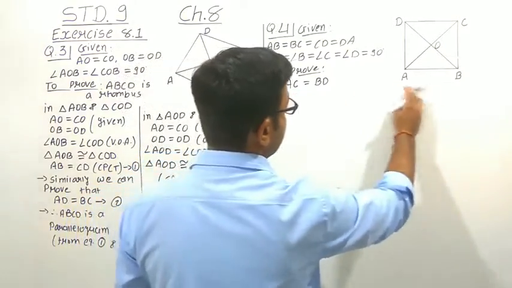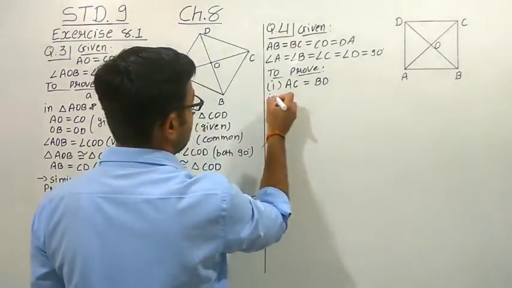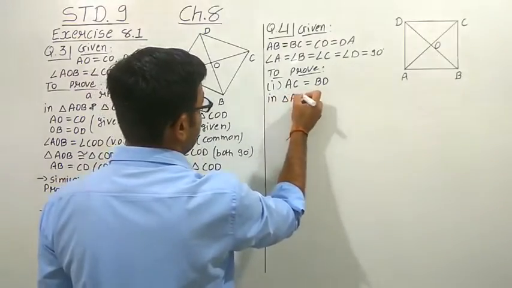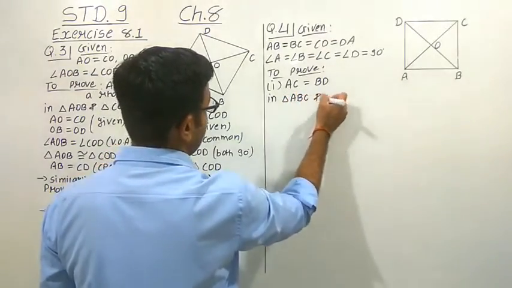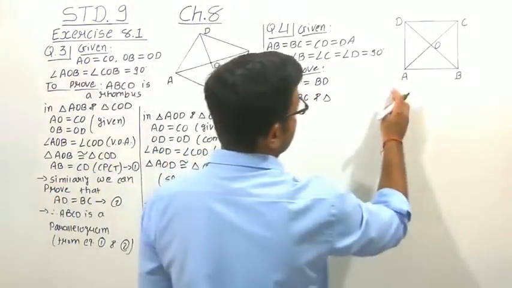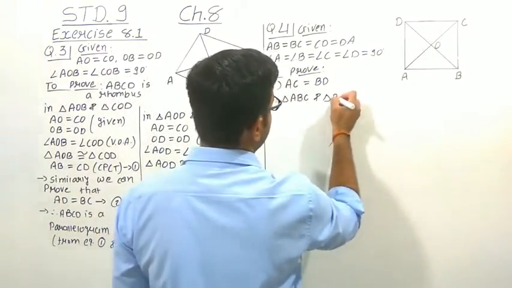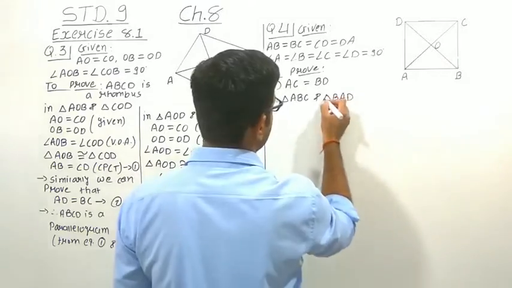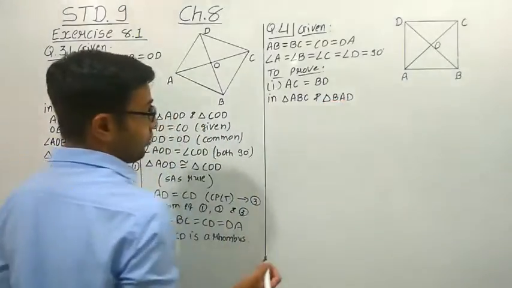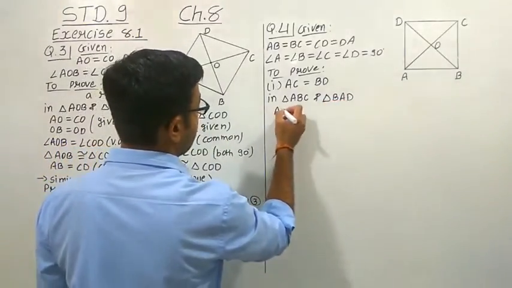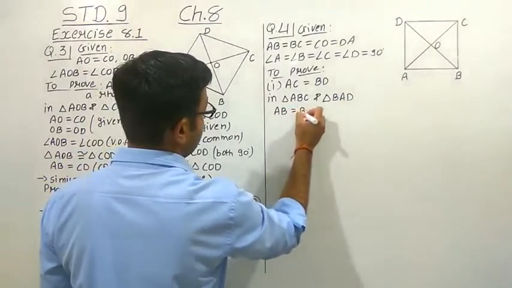So consider the triangle ABC and triangle BAD. Consider these two triangles. Let us write down all the conditions. One is AB is equal to BA.